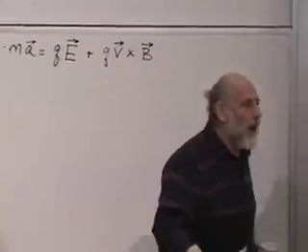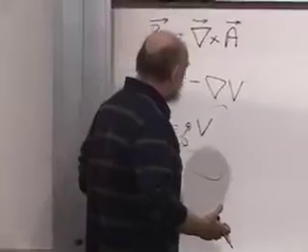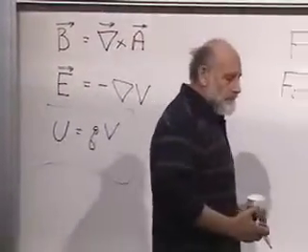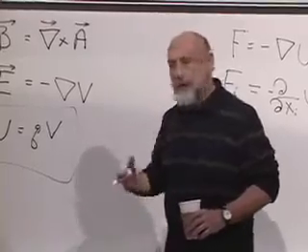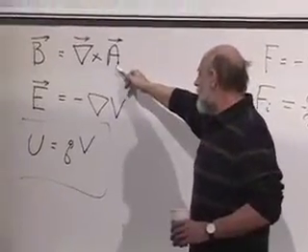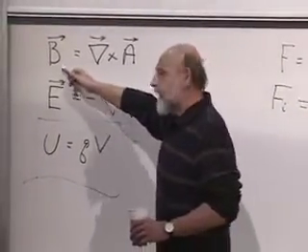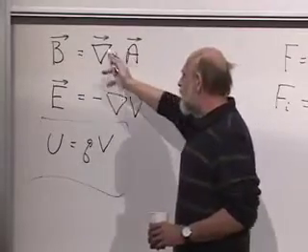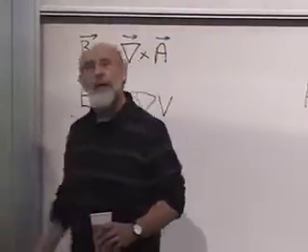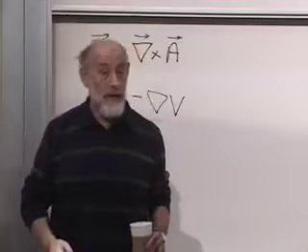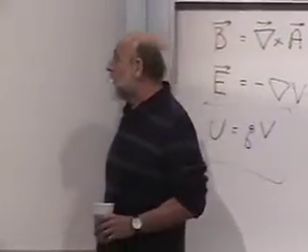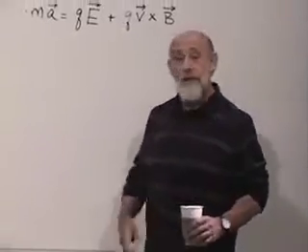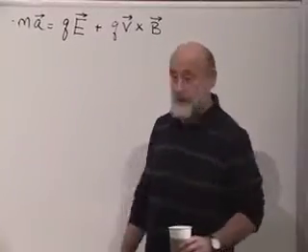Well, that's a little bit odd, because at the end of the day, the behavior of a particle doesn't depend on the vector potential. It depends on the magnetic field. You can change the vector potential without changing the magnetic field, and the motion of the particle doesn't change. But nevertheless, to write the principle of least action, you must introduce the vector potential.